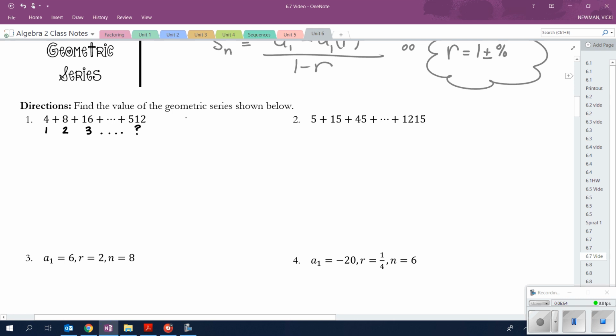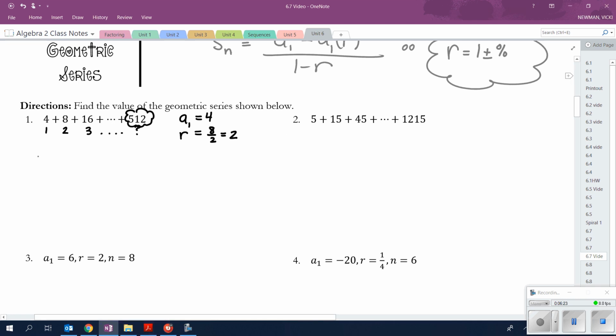So we have A1 is what? And what's R in this situation? 2. 8 over 4 is 2. So we're trying to figure out when we stop. Where's this 512? When do we get there? There's several ways to do this.